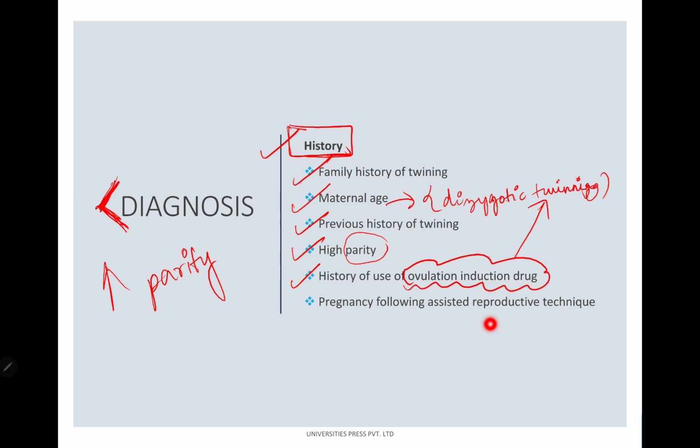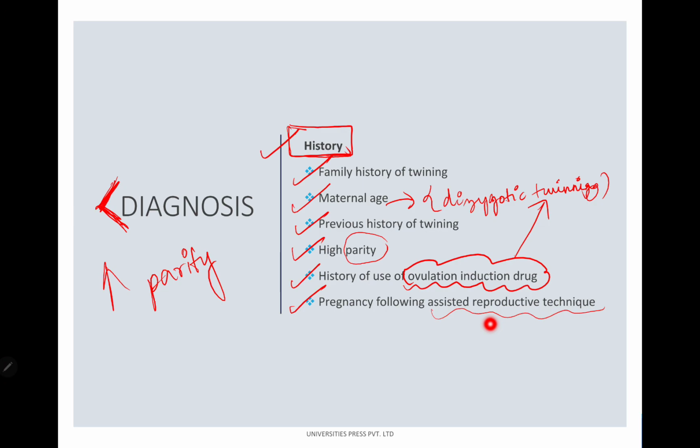And then the last one is pregnancy following any assisted reproductive techniques. As assisted reproductive techniques are used more and more, multiple pregnancies have also increased. There's more favoritism for multiple pregnancy because of these assisted reproductive techniques.